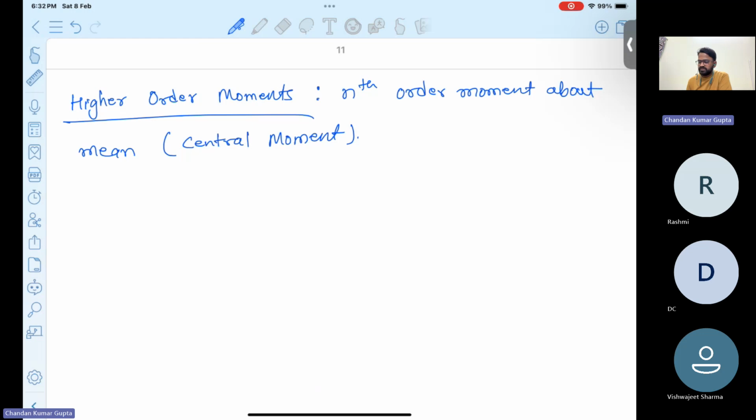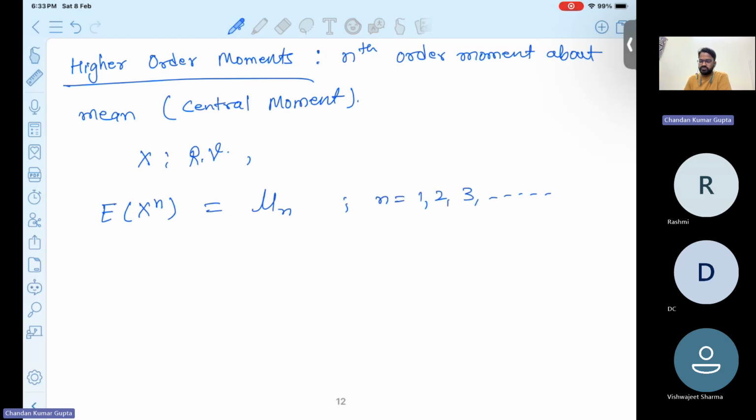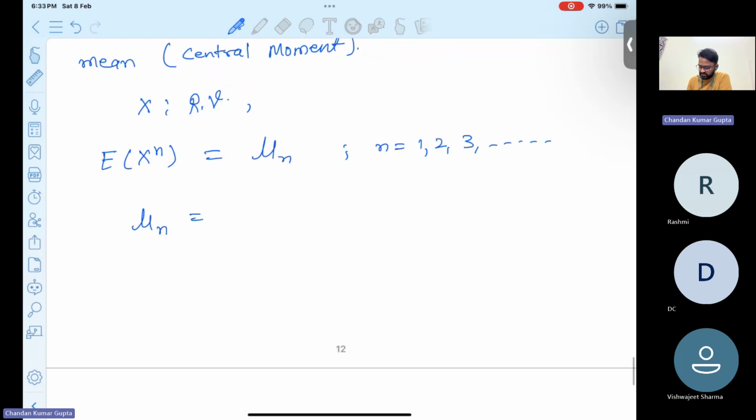It is defined like this: suppose x is a random variable, then the nth order moment about the mean is defined as expectation of x minus mu to the power n, also denoted as mu n, for n equals 1, 2, 3. If we take n equal to 1, it comes out to be the first order central moment. So mu1 is defined like this.